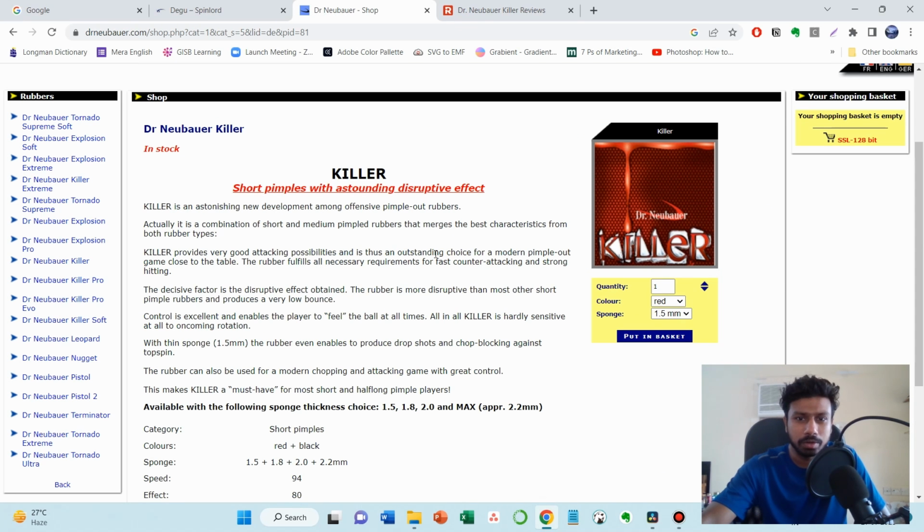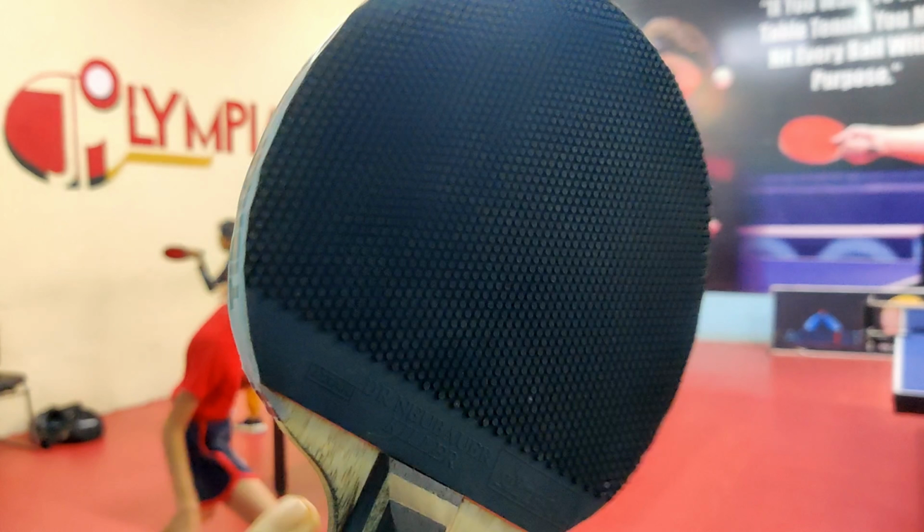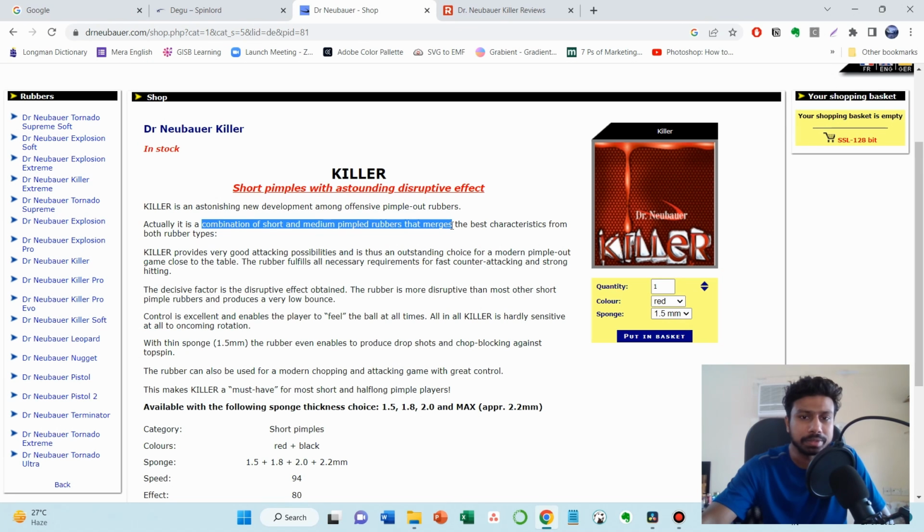The second rubber, which is the black one, is the Dr. Neubauer killer rubber. Now this is actually a combination of short and medium pimple rubbers. So it has characteristics of short pips, like it can generate its own spin a bit, but at the same time the rubber is more disruptive than most other short pimple rubbers, and it produces a very low bounce.